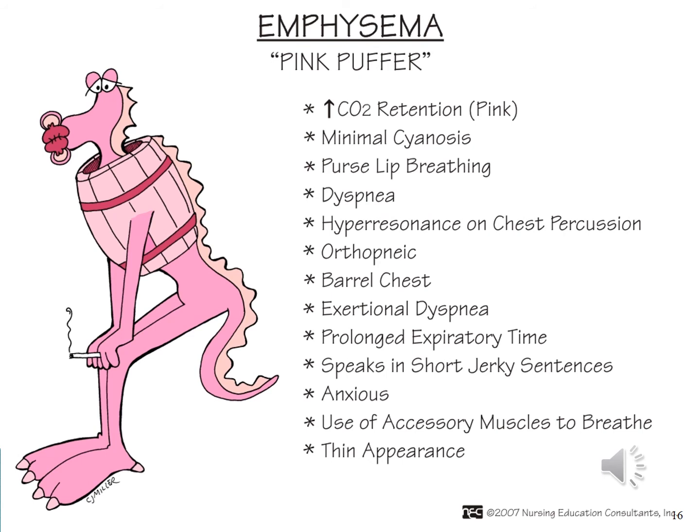And then see how this pink puffer has a barrel around his chest? That represents the changes in the lung and in the diaphragm because of the expansion of the lungs, the scarring, and the loss of elasticity. So they have kind of a barrel chest. Like your average person, their depth to width ratio of their chest is, I don't know, 2 to 1, and then someone like this is like a 1 to 1.